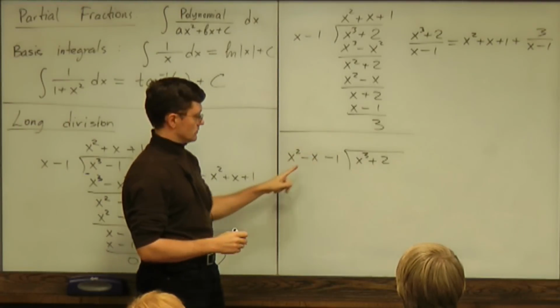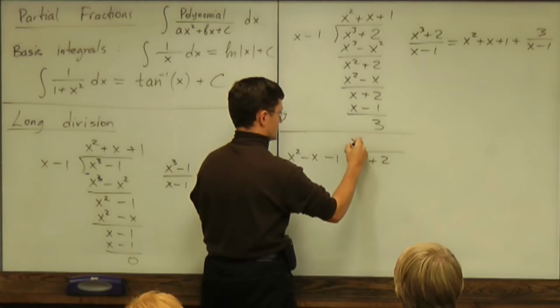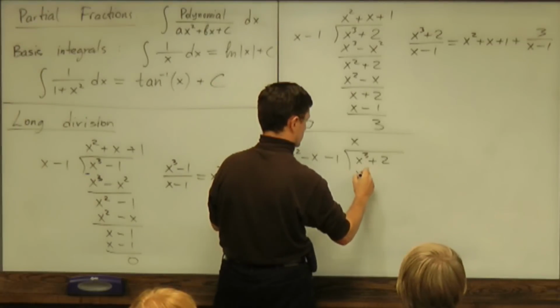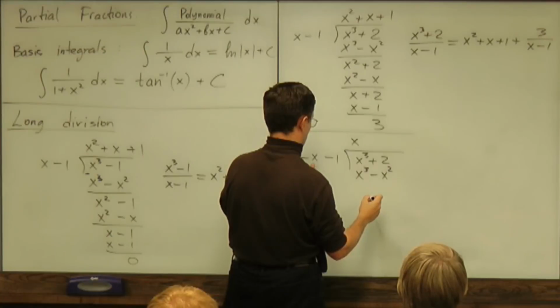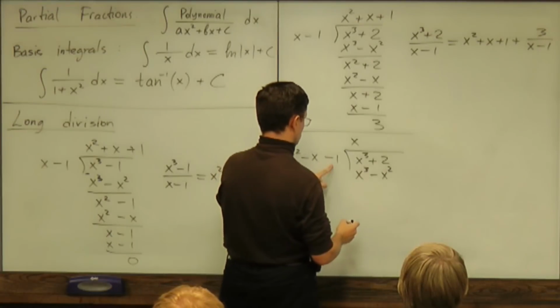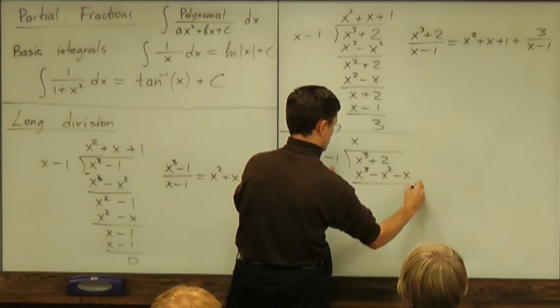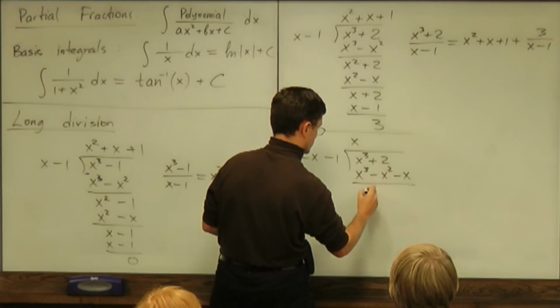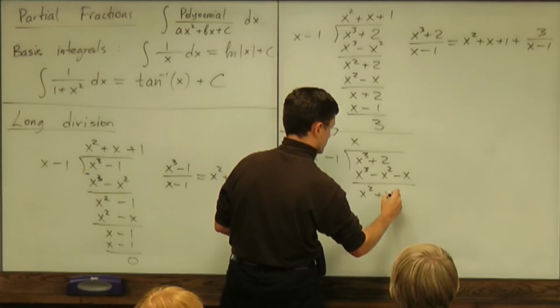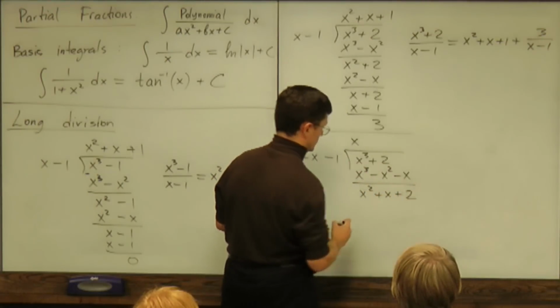So what's my first term? X. It's x, exactly. When I multiply, I get x cubed minus x squared minus x. When I subtract, x cubed cancels. I have x squared plus x plus 2.